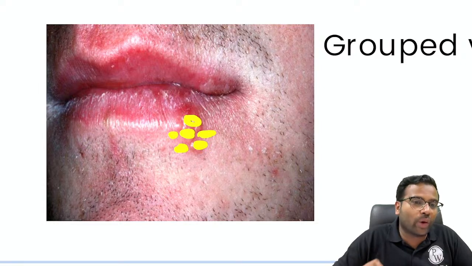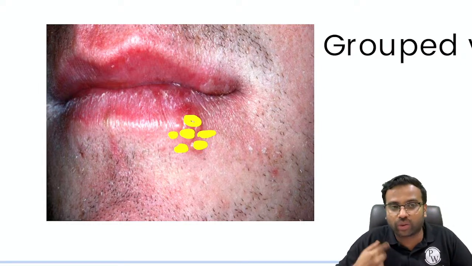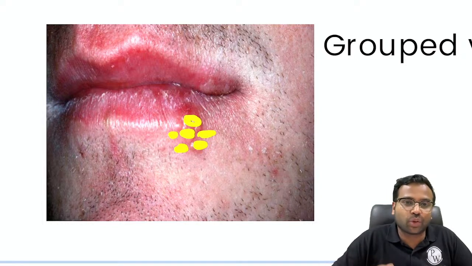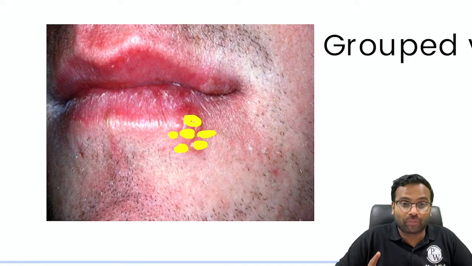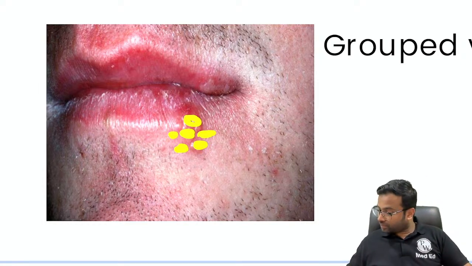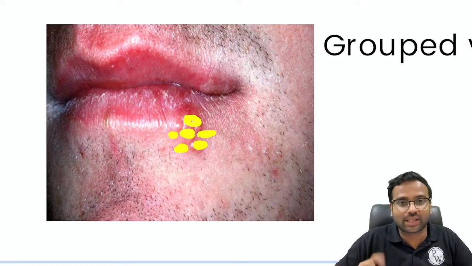When you see yellowish crusted lesions around the oral mucosa or around the lips, then what you should think about? I'm talking about some very close differential diagnosis here. Anyone? Impetigo. Yes, very good. So this can be impetigo. Not hand, foot, mouth disease, the answer should be impetigo.